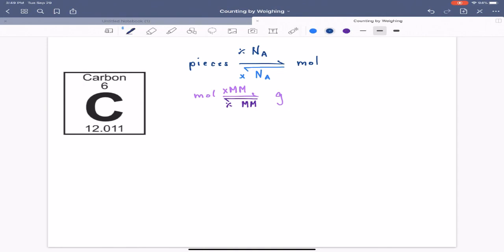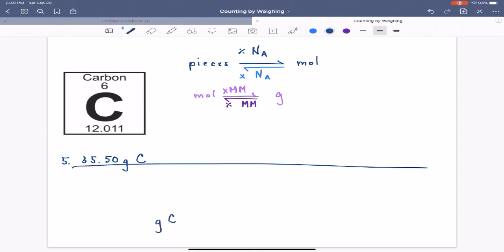Okay, number 5 says we're starting with 35.50 grams of carbon. And our goal is to go from grams of carbon and get to atoms of carbon. Well, I have to go from grams to moles.